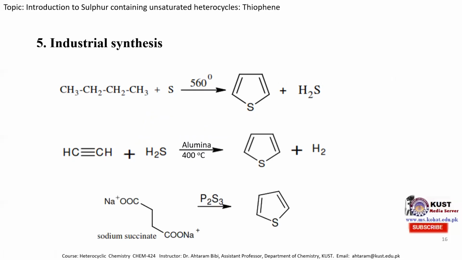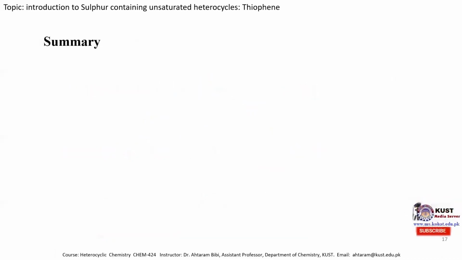The third industrial method is that we can obtain the thiophene molecule by treating sodium succinate with phosphorus trisulfide. So these are some industrial methods for the synthesis of thiophene. In today's lecture, I have discussed the structure of 3-membered, 4-membered, 5-membered as well as 6-membered sulfur-containing unsaturated heterocycles.